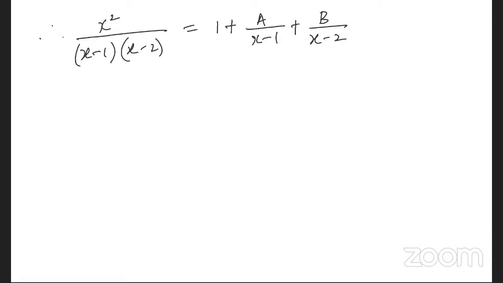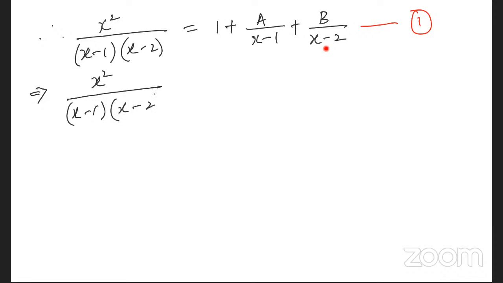Let us consider this as equation 1. Now you have to consider the LCM for this. So this implies x square divided by x minus 1 into x minus 2.